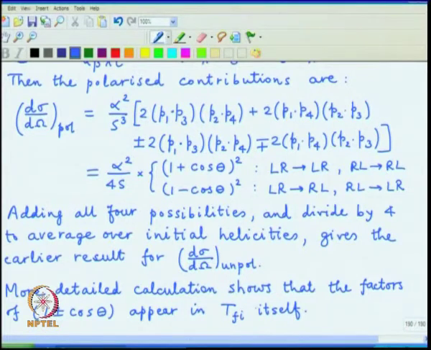And when you square the amplitude, of course, you will get the squares of this particular factor.